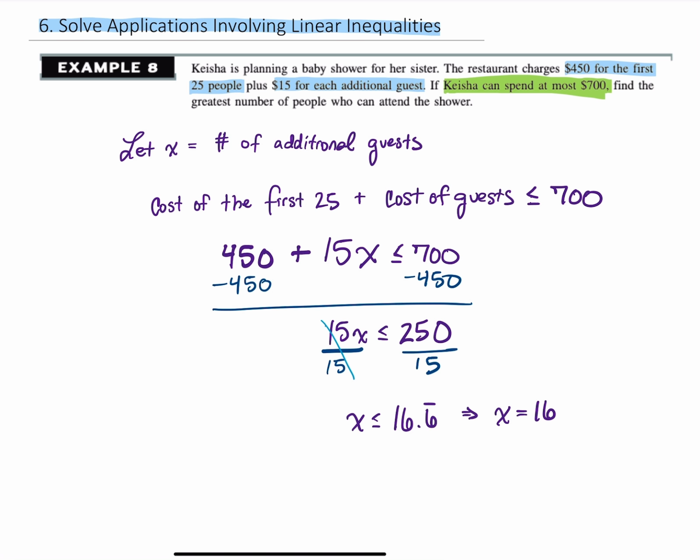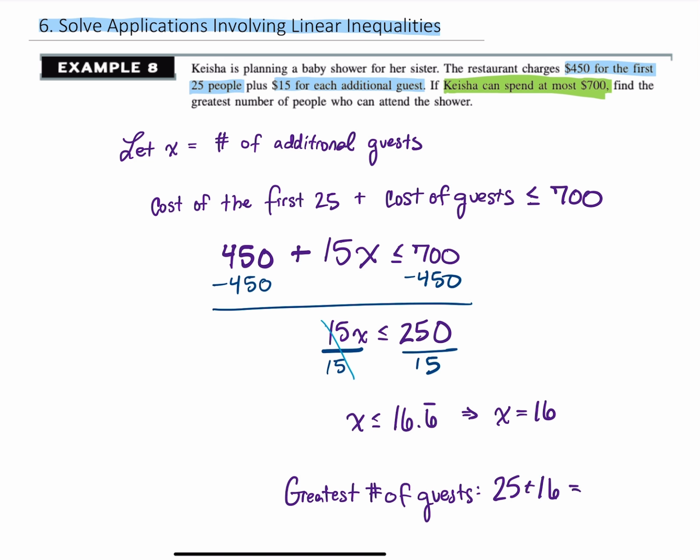So let's give our total number. They're looking for the greatest number of guests, greatest number of people. So it was our original 25, and we can add 16 and still be under that budget.